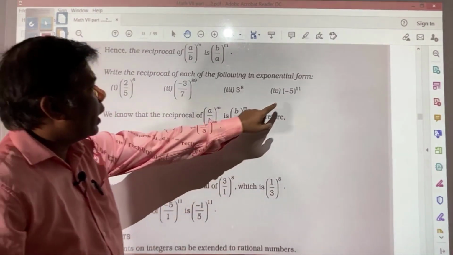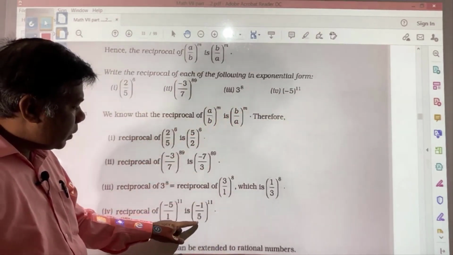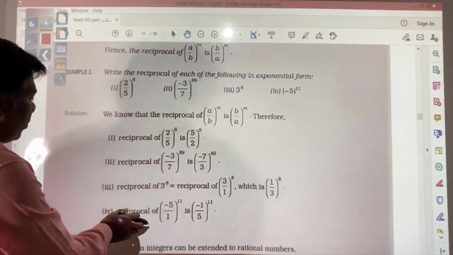And in the same way we have minus 5 to the power 11, which will be 1 by minus 5, or minus 1 by 5 to the power 11.